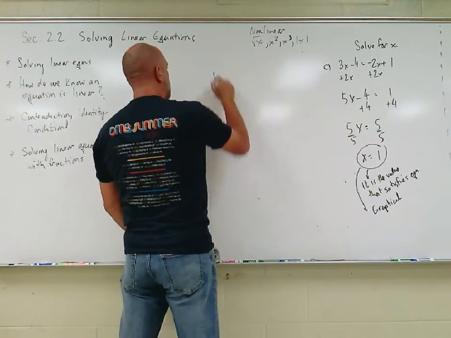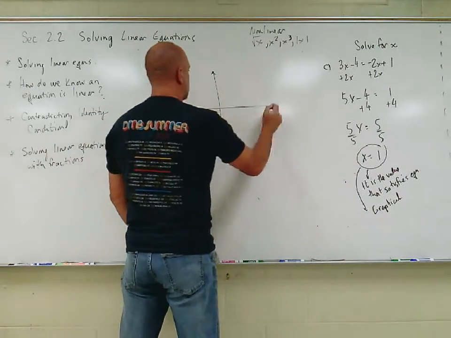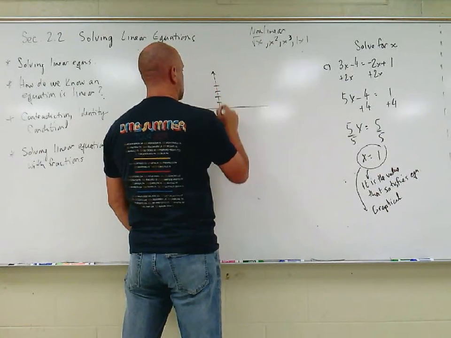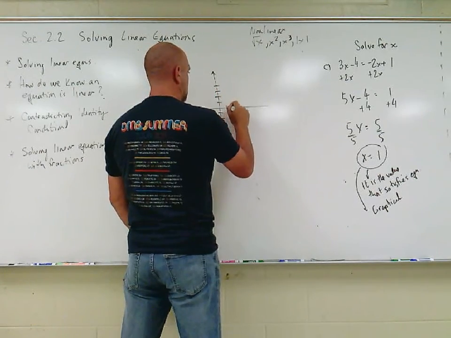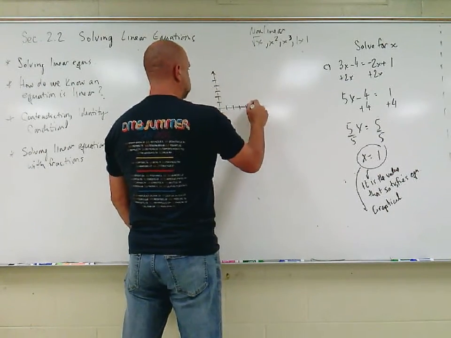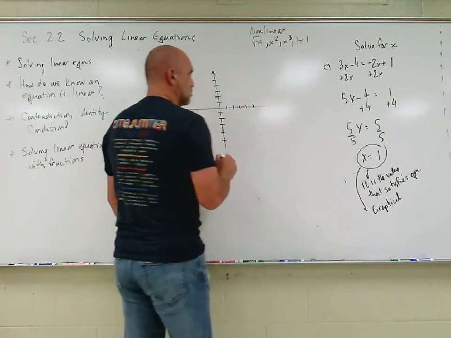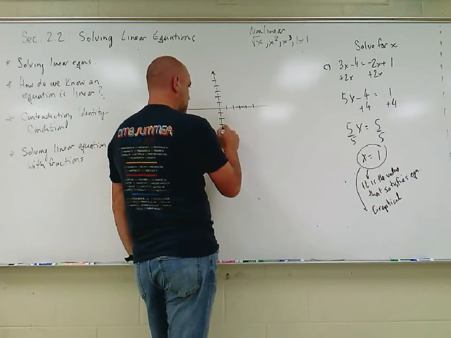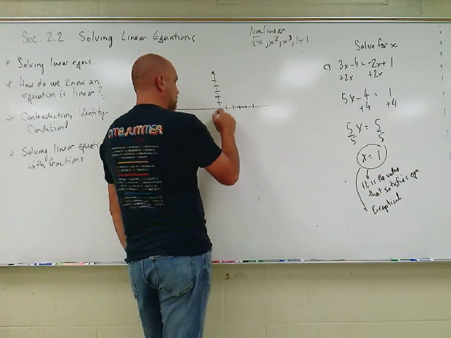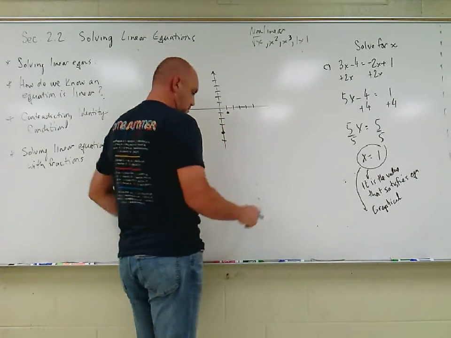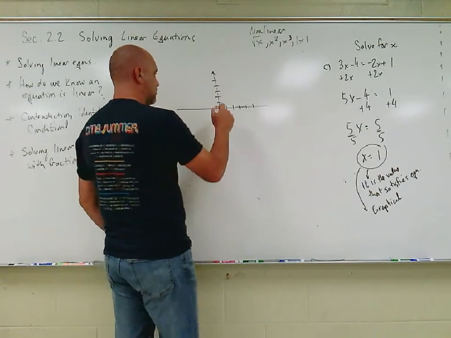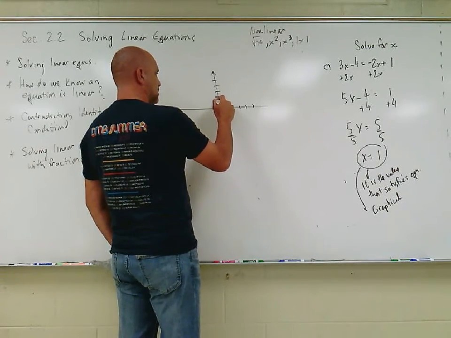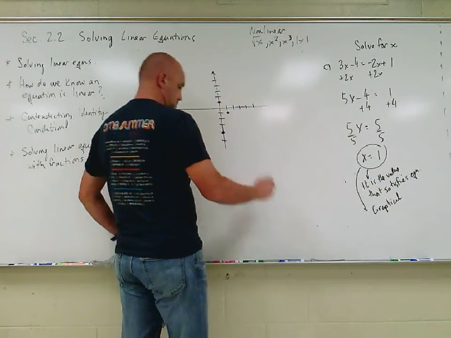so I don't have a great graph paper up here, but we can make do. All right, let's see. So 3x minus 4. So 1, 2, 3, 4, up 3, 1, 2, 3 over 1. There's that line. And then negative 2x plus 1, down 2, over 1. Oh, there it goes.